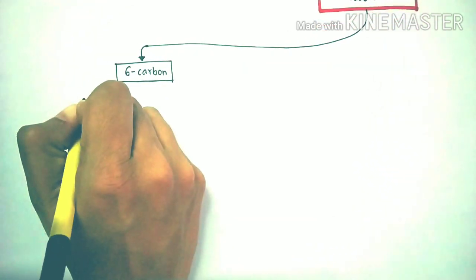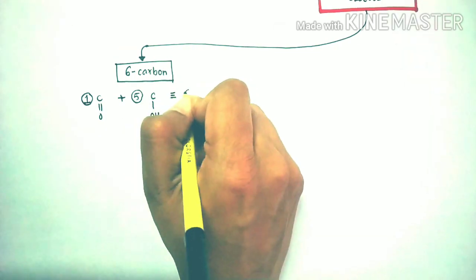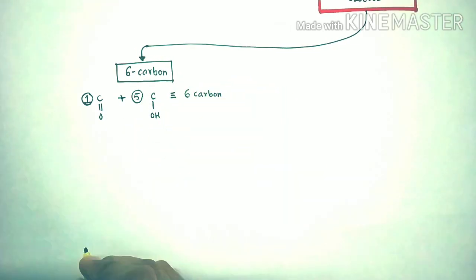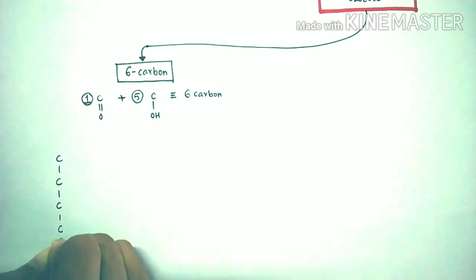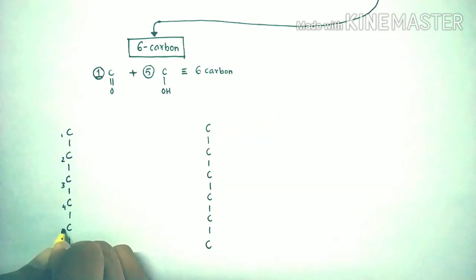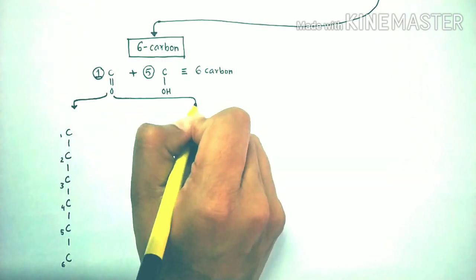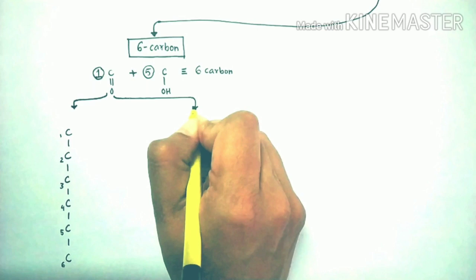Very simple. We will take one C double bond O unit and 5 COH units. So we have 6 carbons in total. We will arrange these 6 carbons in a straight chain 1, 2, 3, 4, 5, 6. And now, based on the position of C double bond O, we have two isomers as our two intermediates.